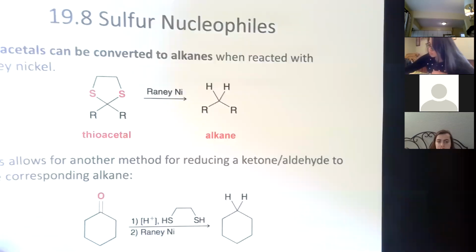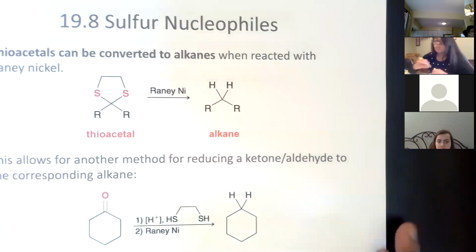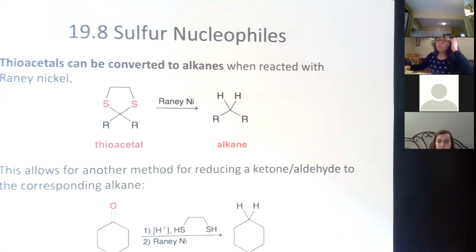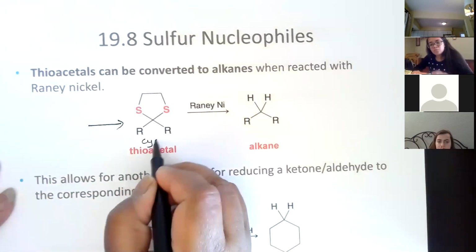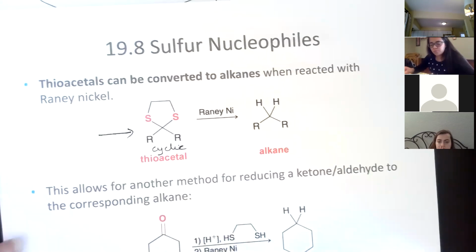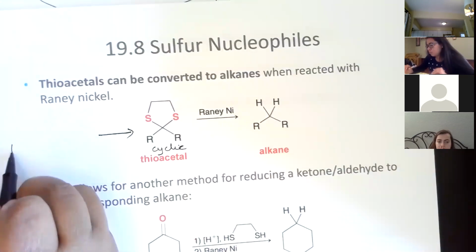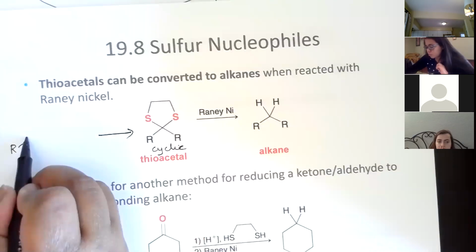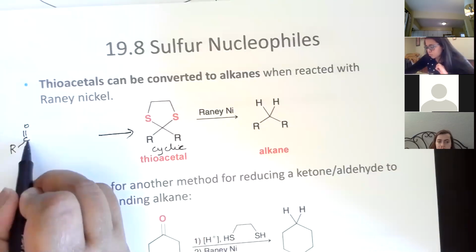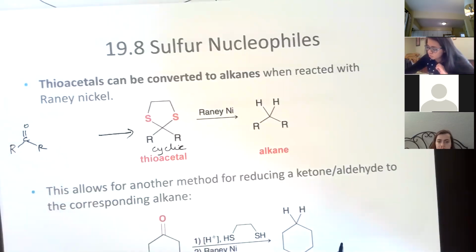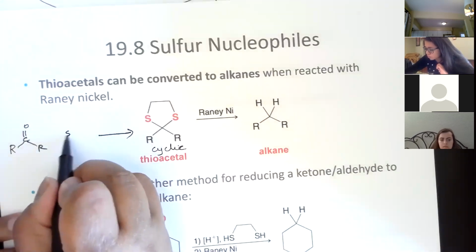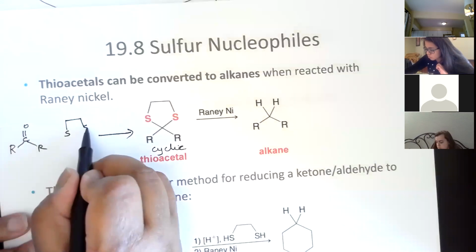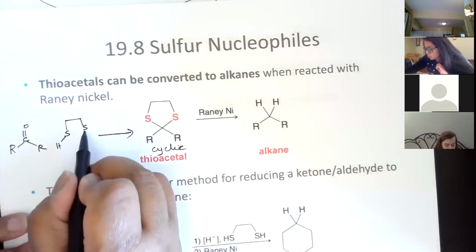Now, a couple of things that we could use this for. How did we get this cyclic thioacetal? How did we get that? Use the dithiol, okay?